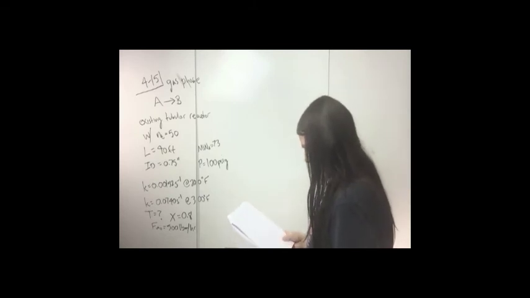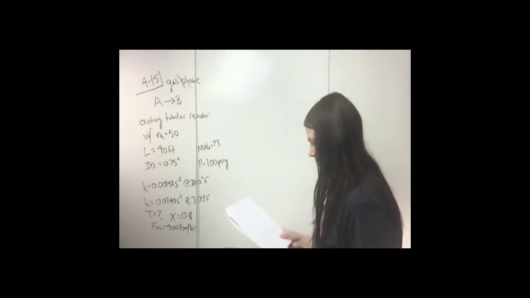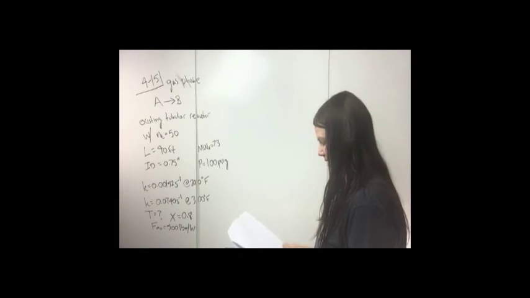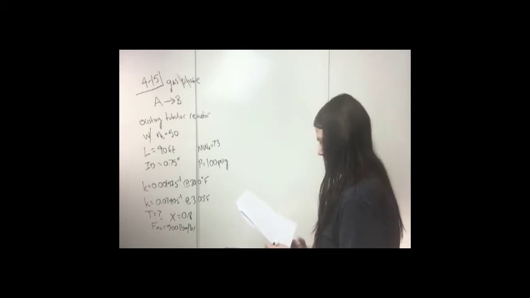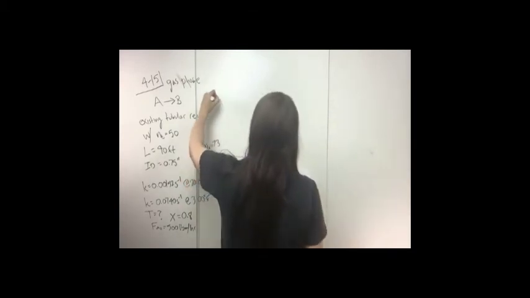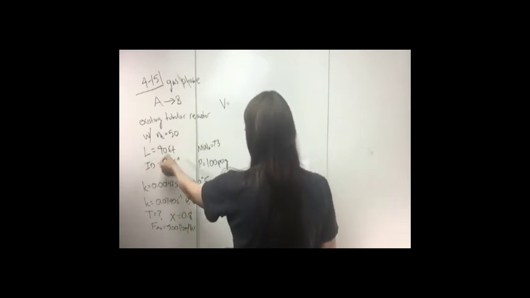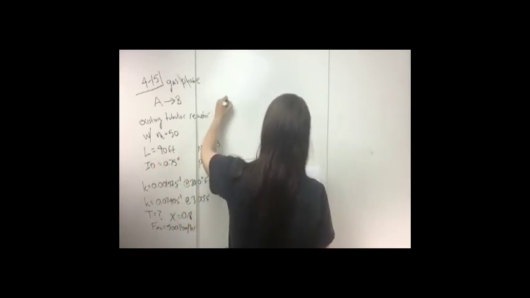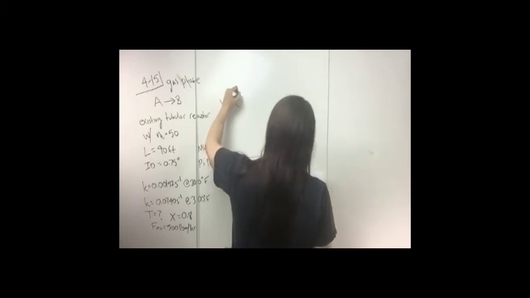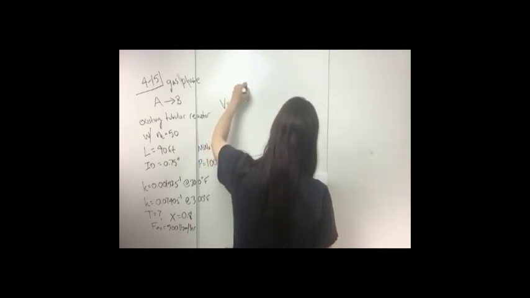So the first thing we want to do is find the volume of the reactor, and that's pretty easy. You know the volume of the tubes, and you know you have 50. So it's the number of tubes multiplied by the volume of each tube.